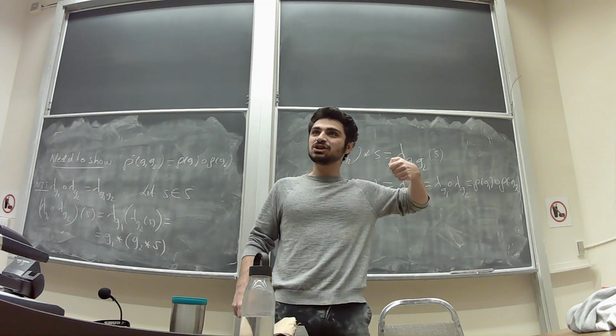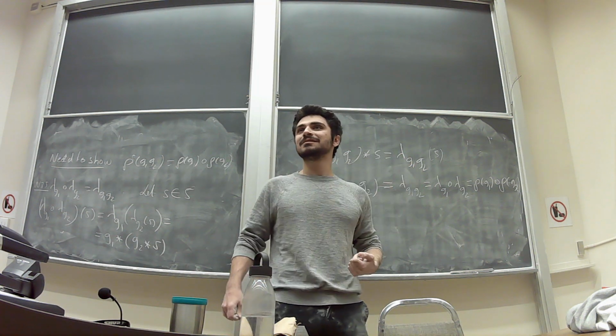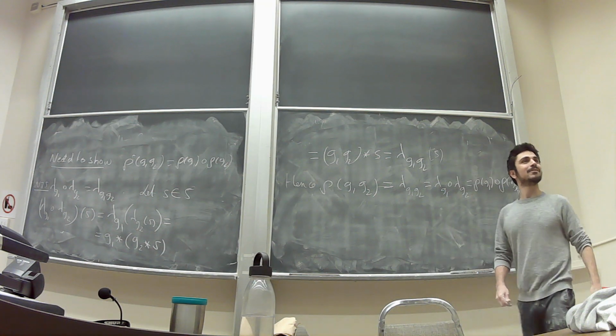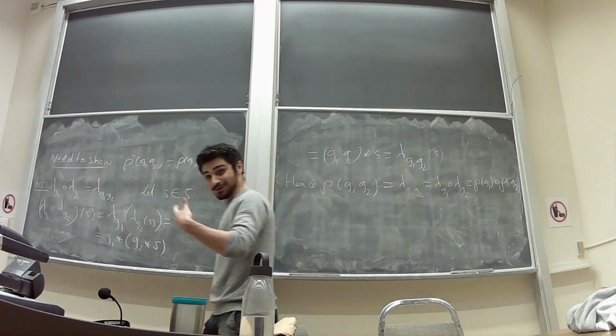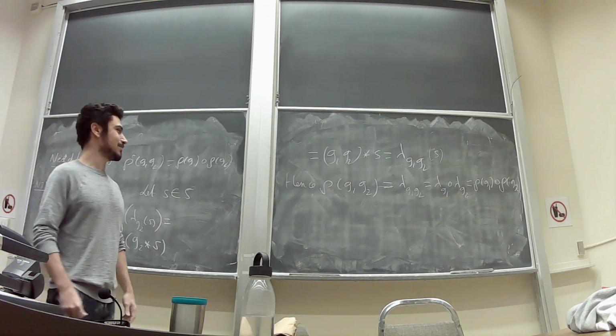Then you have an injective homomorphism from G to Sn. Pretty cool, huh? This is not obvious stuff.